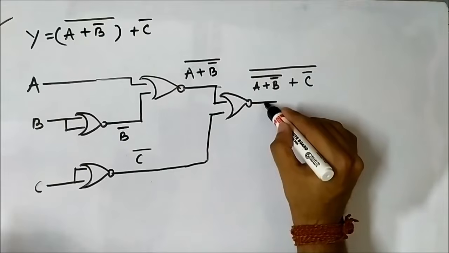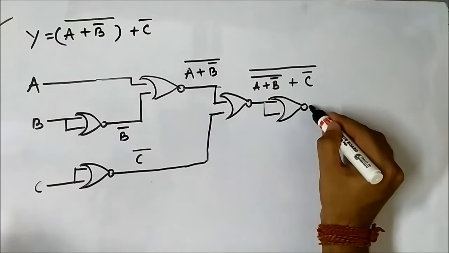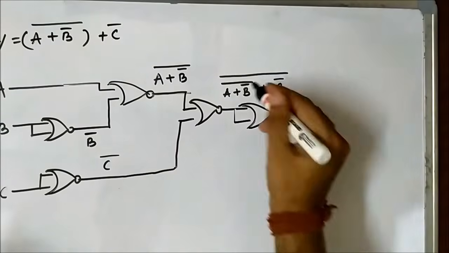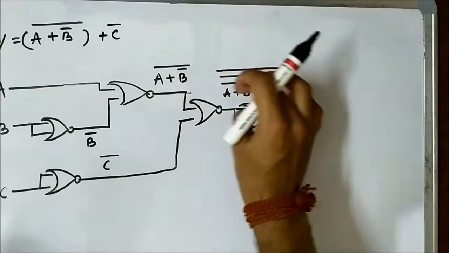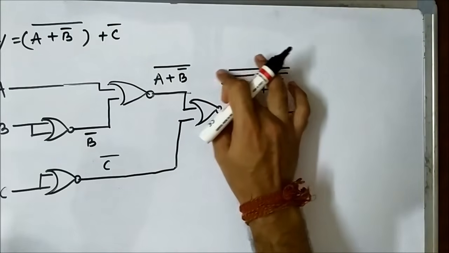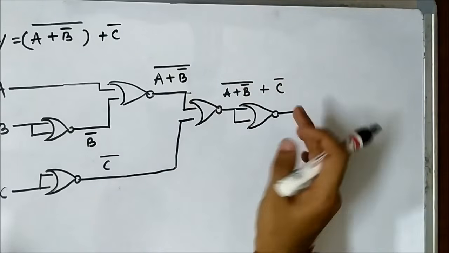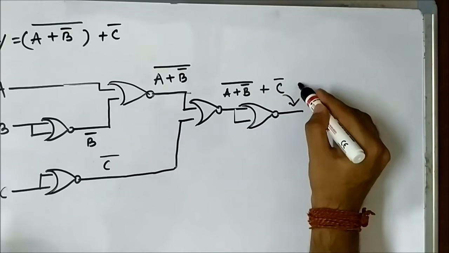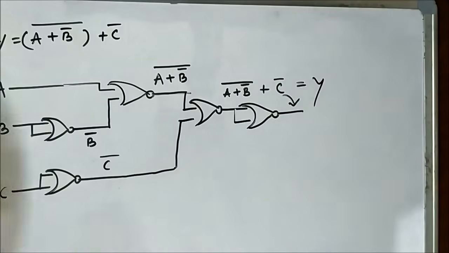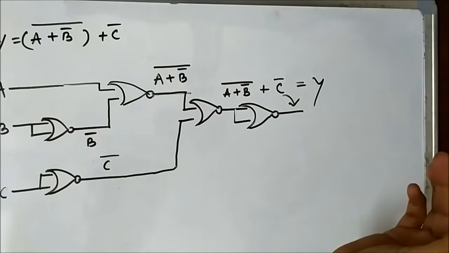So what we will do, we will again pass this signal through another NOR gate, which will get us the complement of this. So the complement of a complement will get neutralized and we will get this signal here, okay, which is the required signal. Okay, so this is the whole thing.